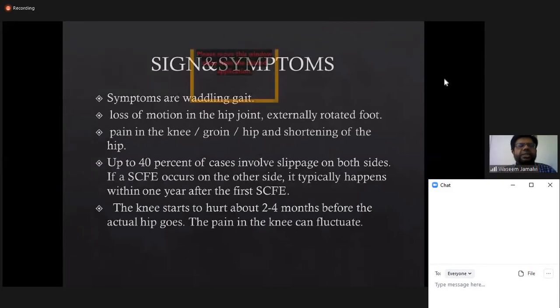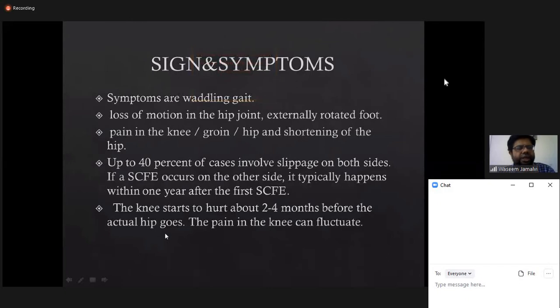Okay? And sometimes, very sometimes, there is pain, and in up to 40% of cases slipped capital femoral epiphysis occurs on both sides, because of a generalized condition like hypothyroidism or obesity. Sometimes it starts with pain in the knee for 2 to 4 months, while the problem is actually in the hip.